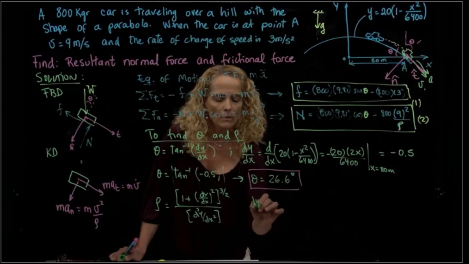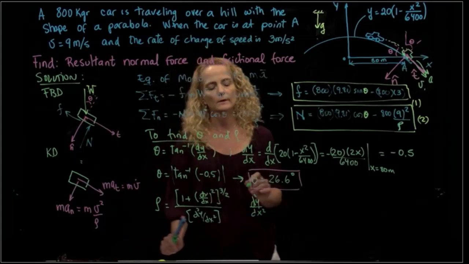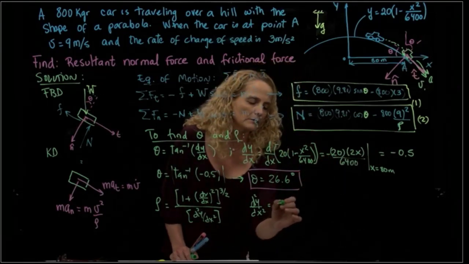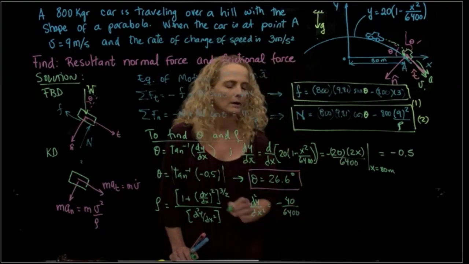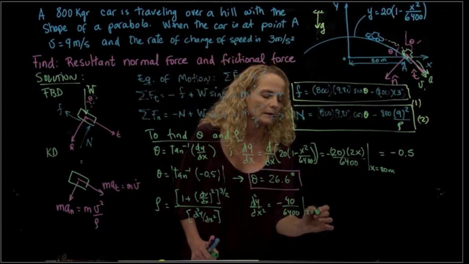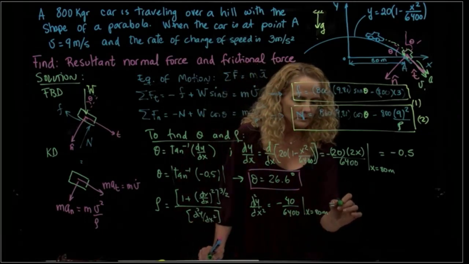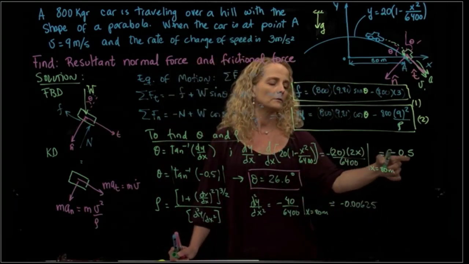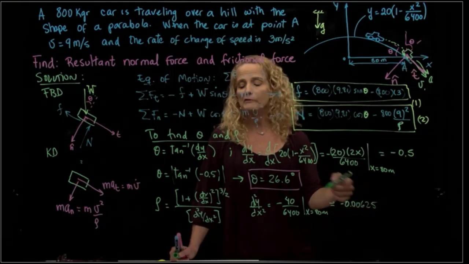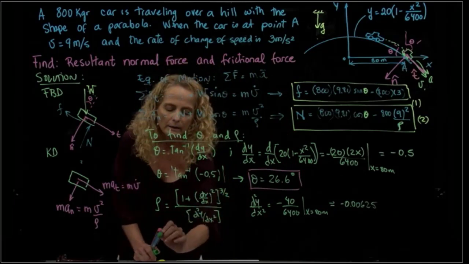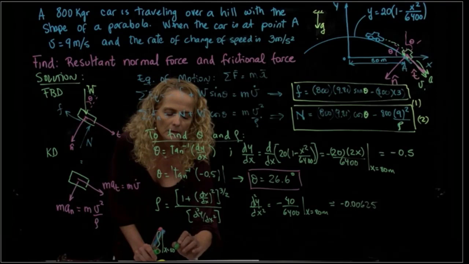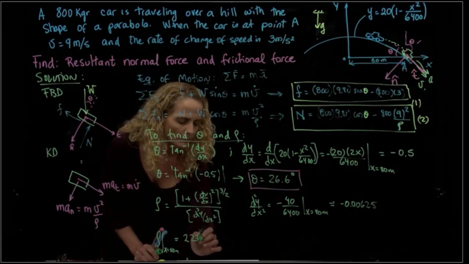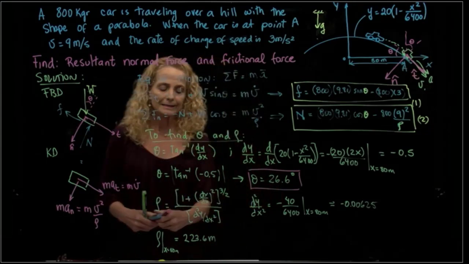We need to find the second derivative, d2y/dx2. I derive this expression again, and that gives me negative 40 over 6400. If I evaluate that at x equals 80, that gives me negative 0.00625. Having negative 0.5 and negative 0.00625, I plug those numbers in, and for x equals 80 meters I get that my radius of curvature is 223.6 meters. So I have the second value that I needed.